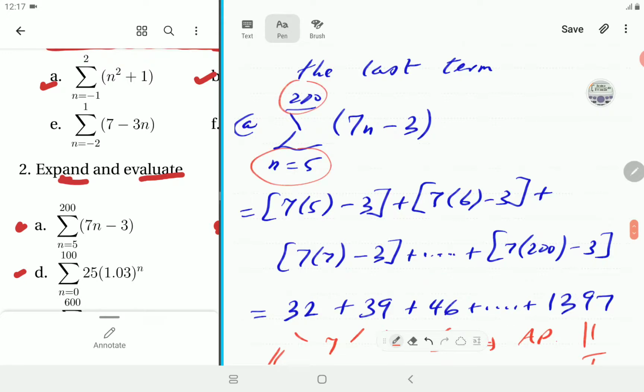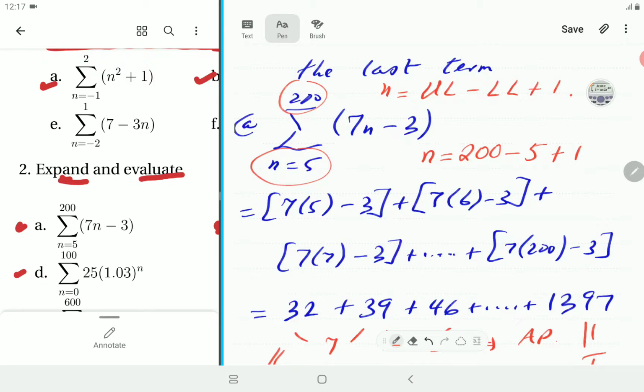So the number of terms is always going to be the upper limit minus the lower limit plus 1. So n is always the upper limit, let me just denote it UL, minus the lower limit plus 1.